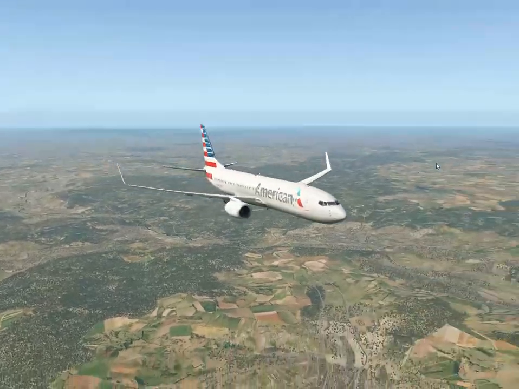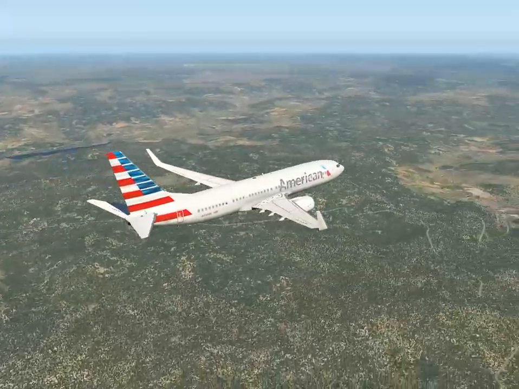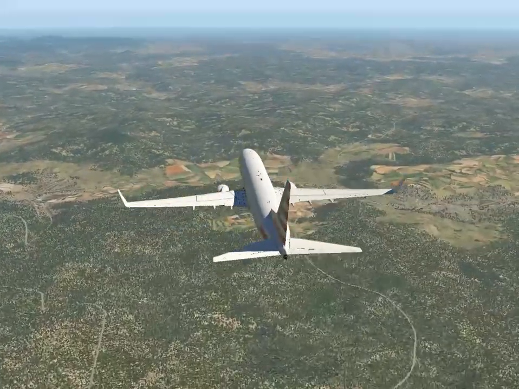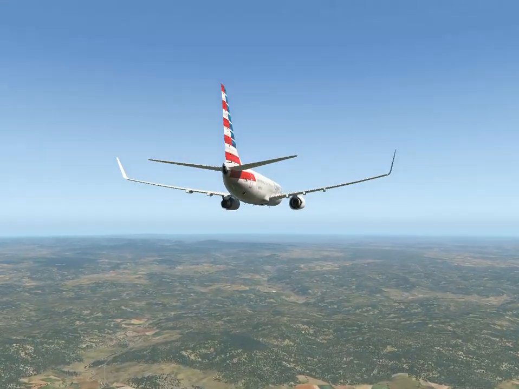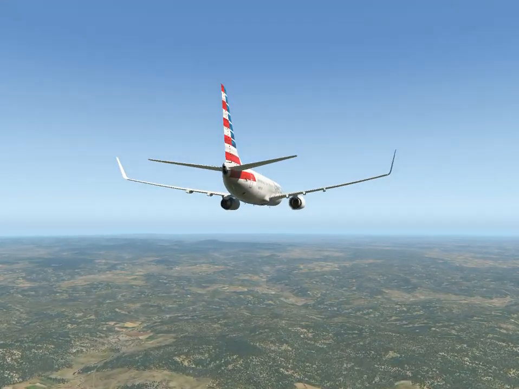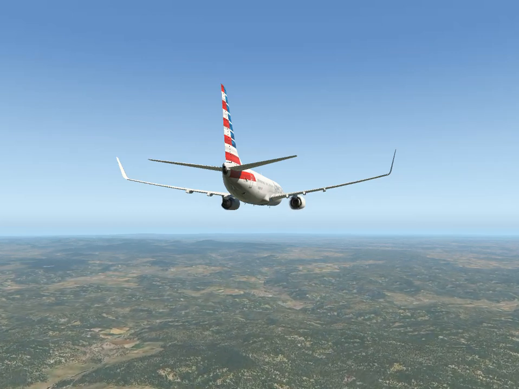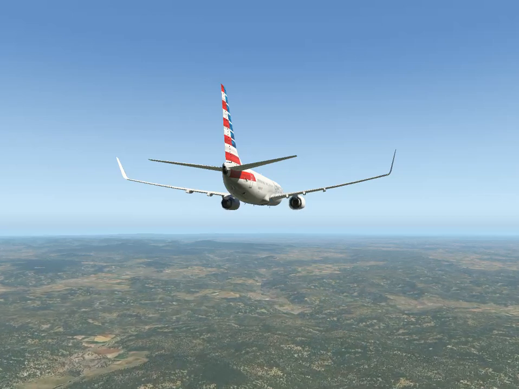Alright, so this is the default 737, and what we're going to talk about is a certain kind of flight control failure that previous versions of the 737, not the NG, not the current versions, but the older versions, were notorious for.